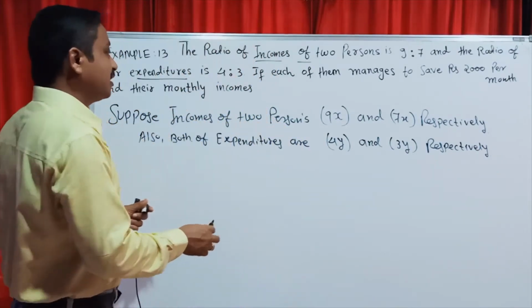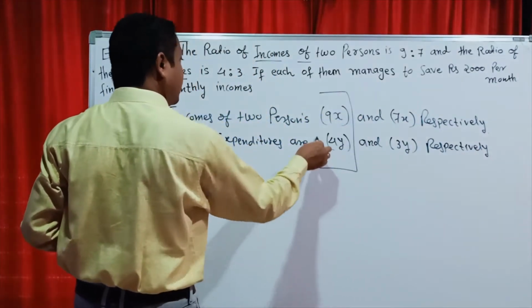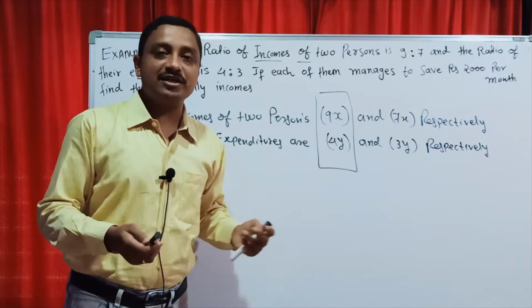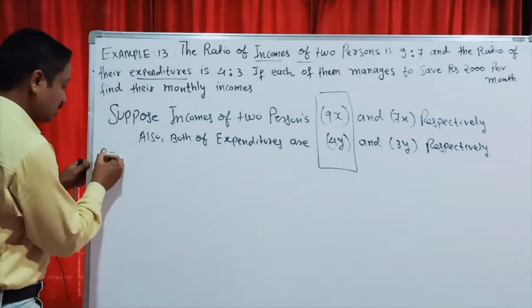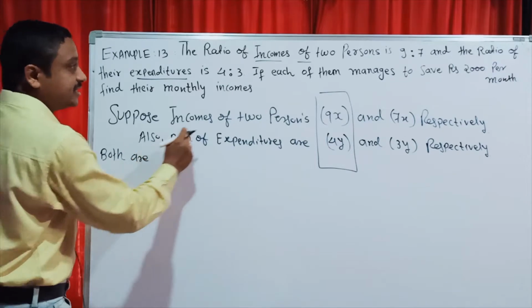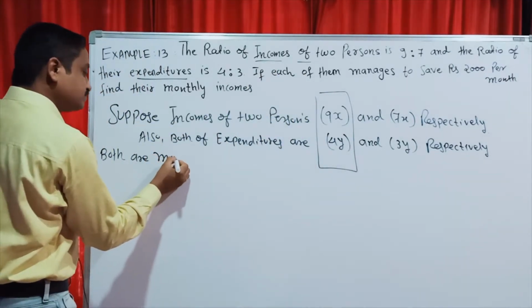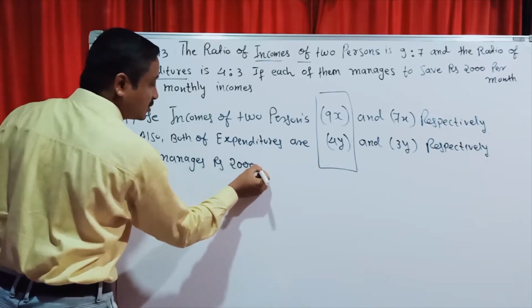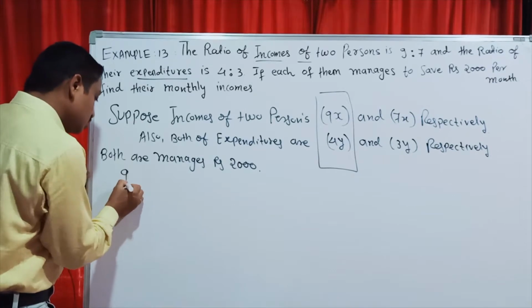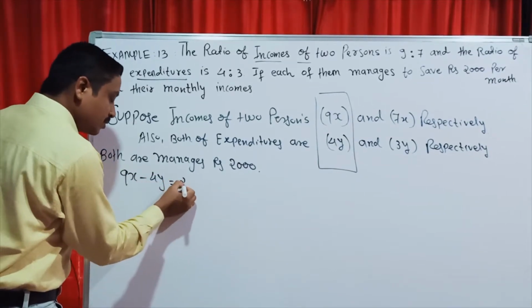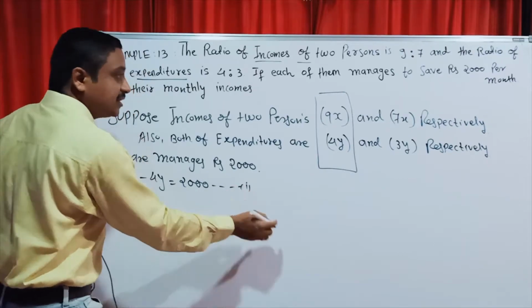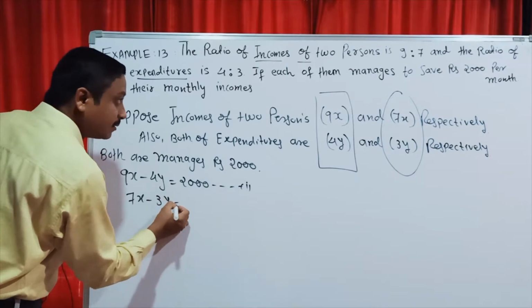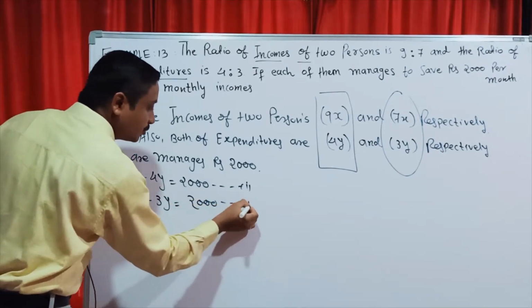It means income minus expenditure gives what they save. So 9x minus 4y is 2000, and similarly 7x minus 3y is also 2000 rupees.